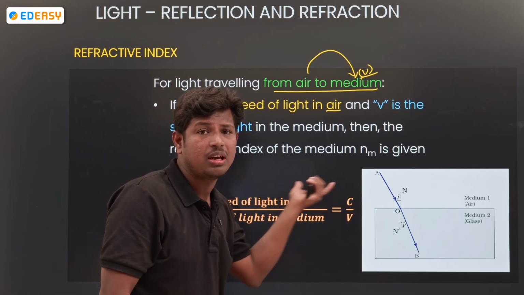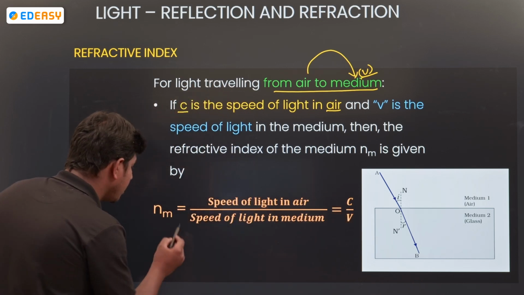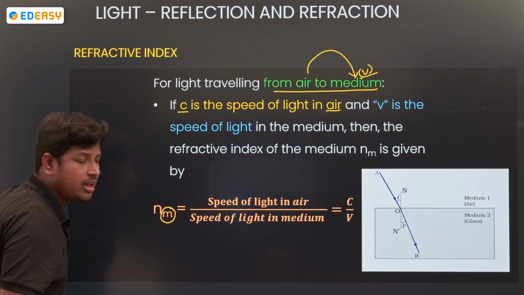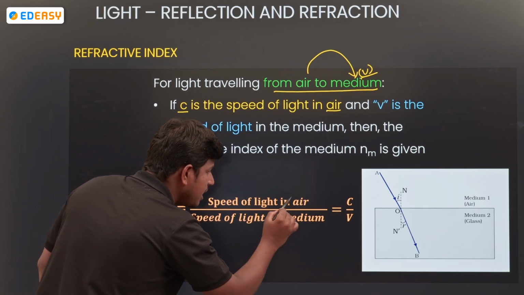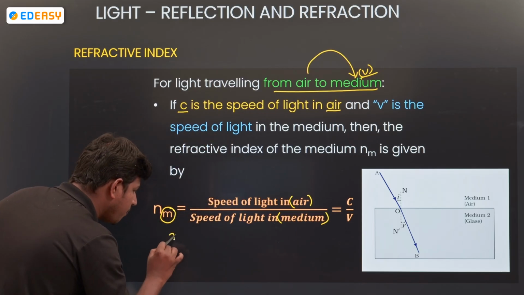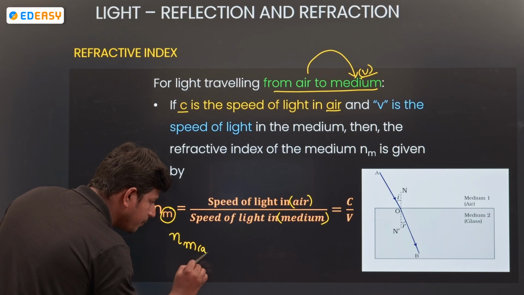If you want to find the refractive index of the medium, how can we take it? The speed of light in air divided by the speed of light in the medium. So, the refractive index of the medium with respect to air.